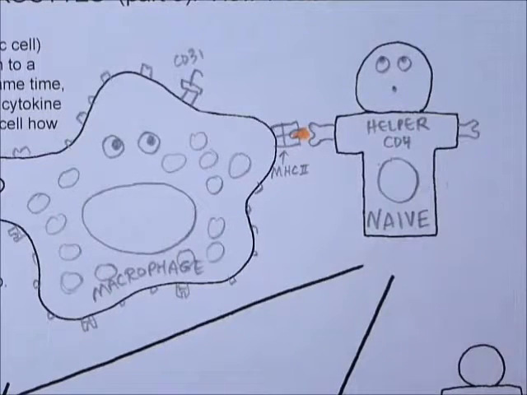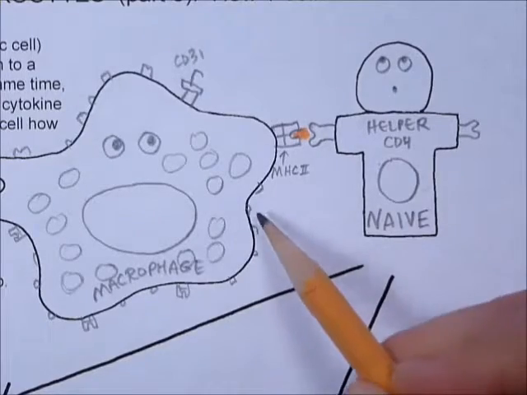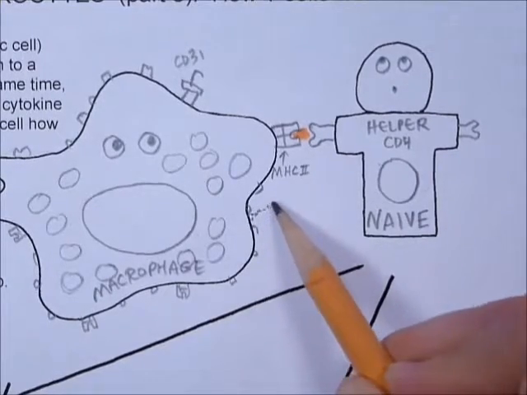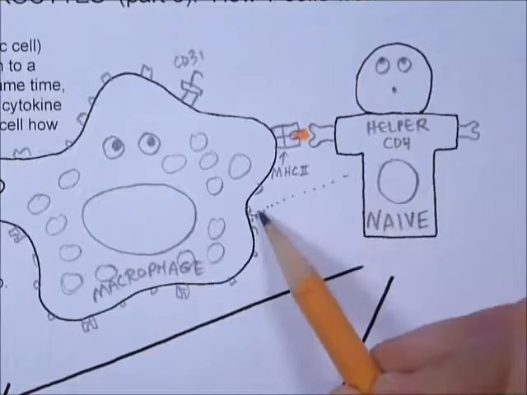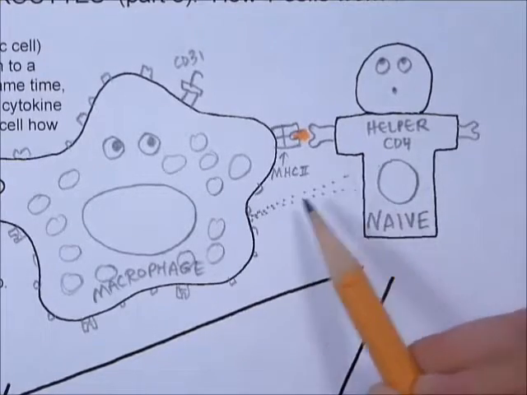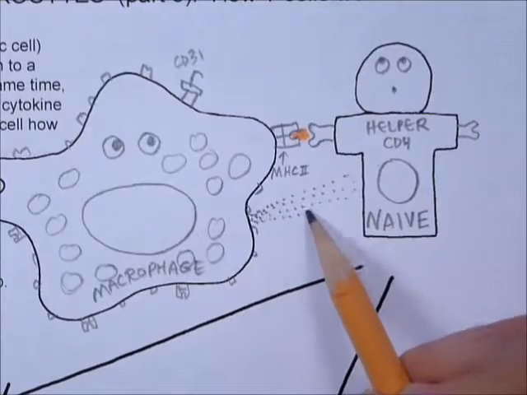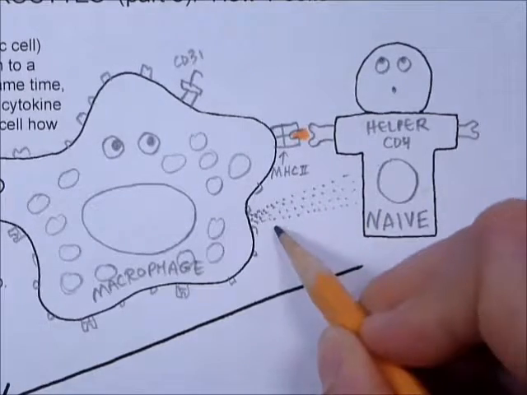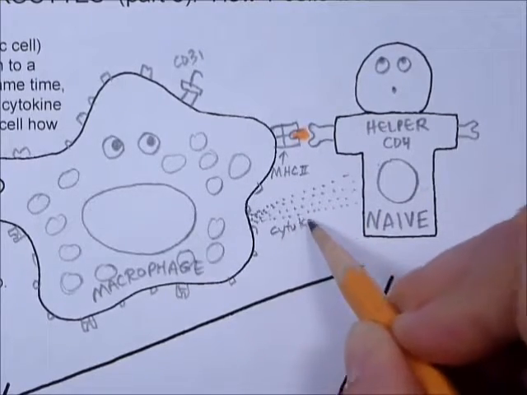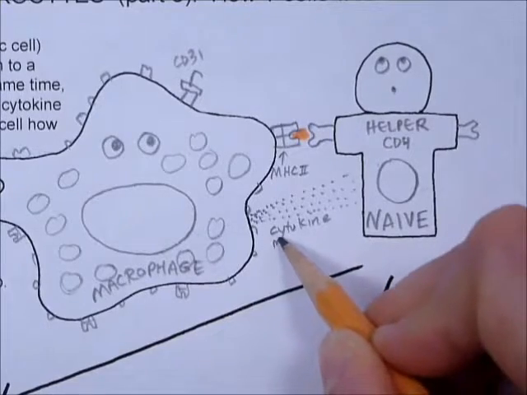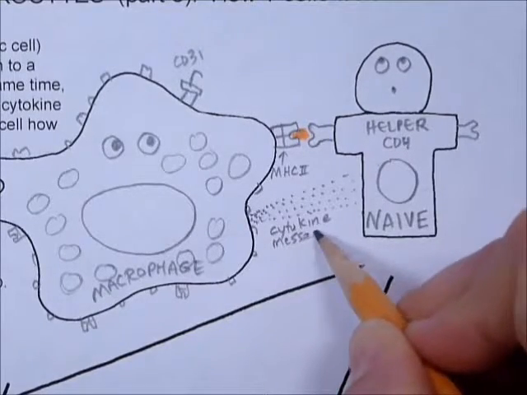So how is this guy going to know where to look? Well, the macrophage has to tell him. And of course the way cells communicate is through chemicals, cytokines. So he sends over cytokine messages.